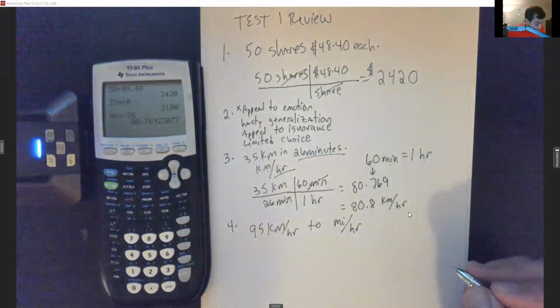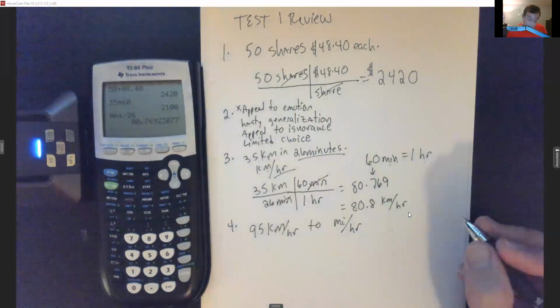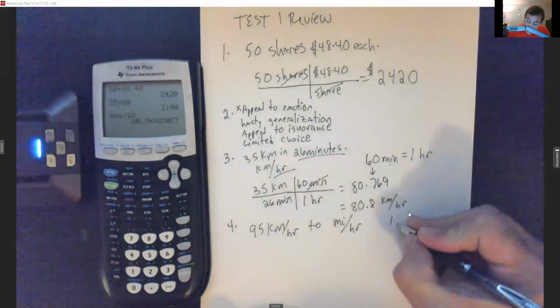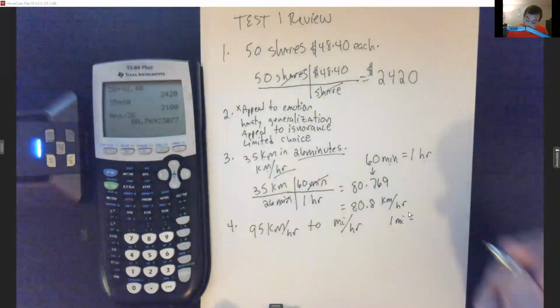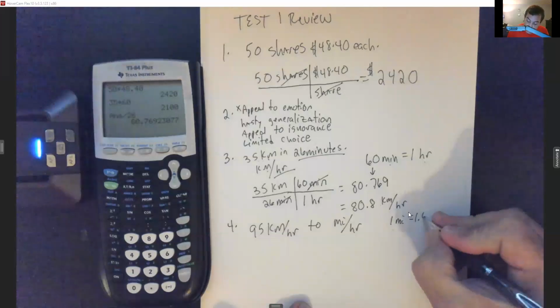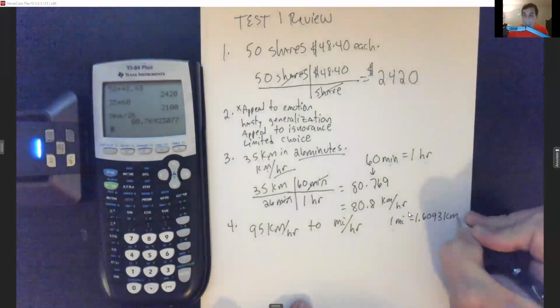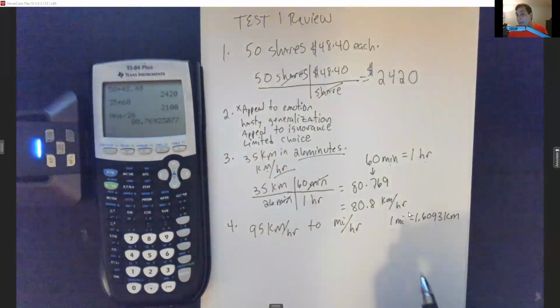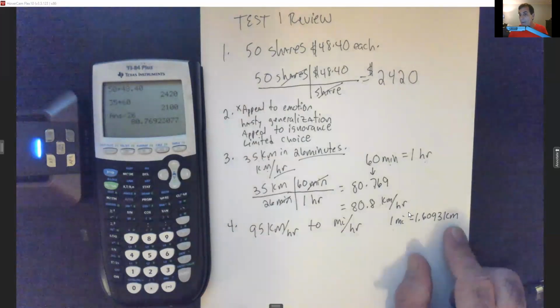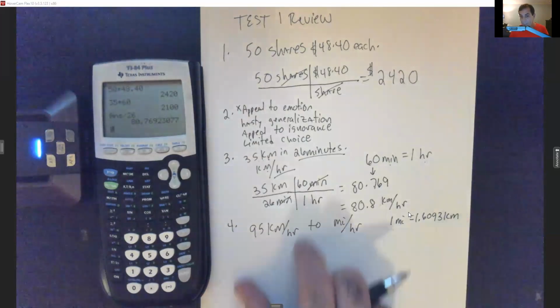All right, so that one I looked on my sheet to see what the ratio was, and 1 mile is equal to 1.6093 kilometers. So that paper I sent y'all for a helper sheet has all these conversions, and it's got all the metric stuff down in the bottom left of that page.